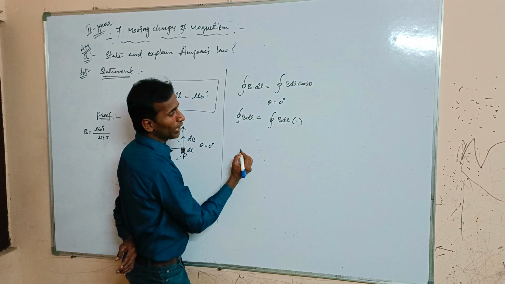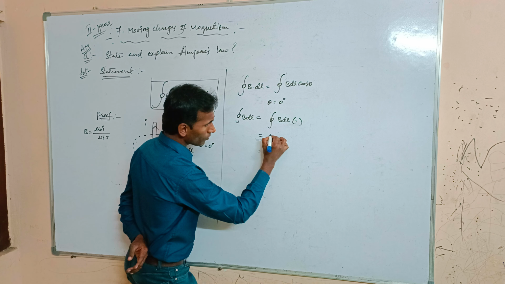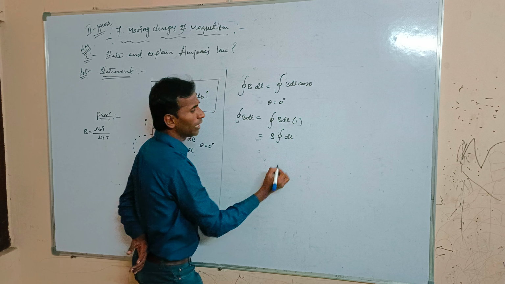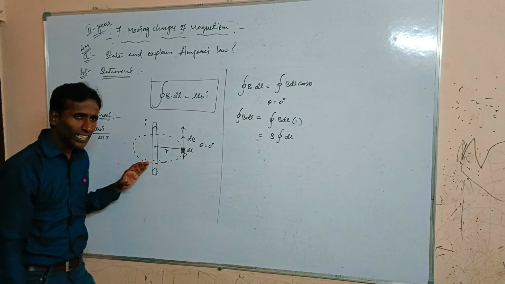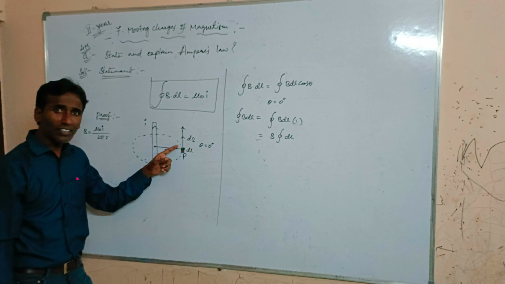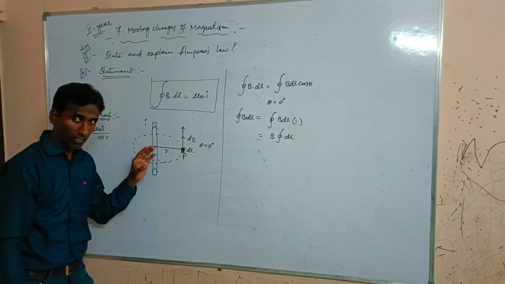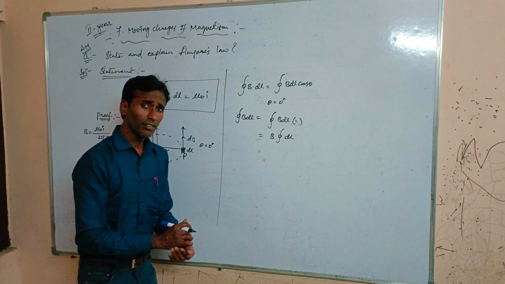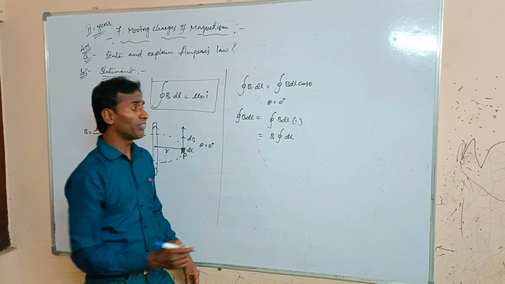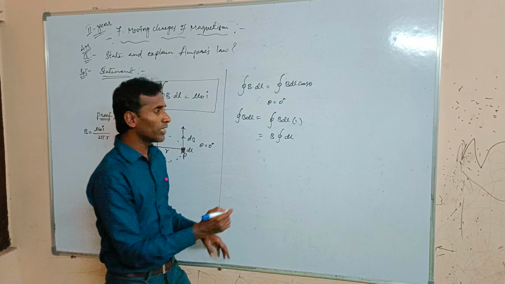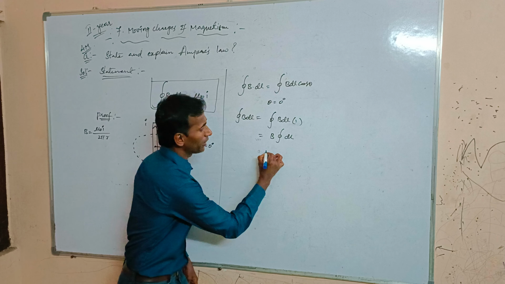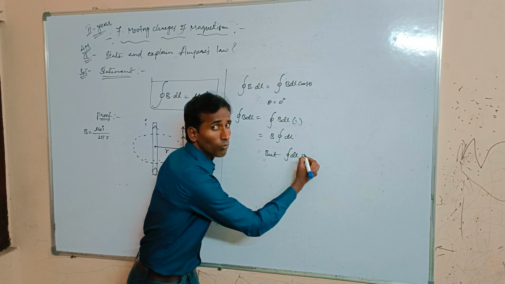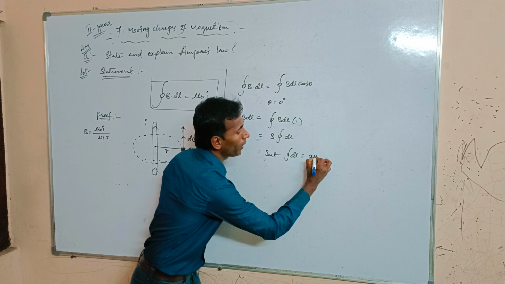B is a constant, so we can write it outside: B times the line integral of dl. The field produced around the conductor has a circular shape, so the line integral of dl is the circumference of the circle, the total length of the circle, which is 2 pi r.